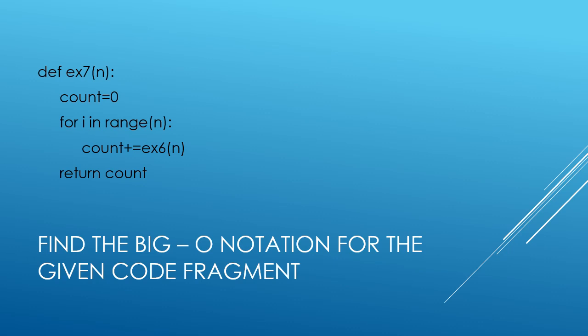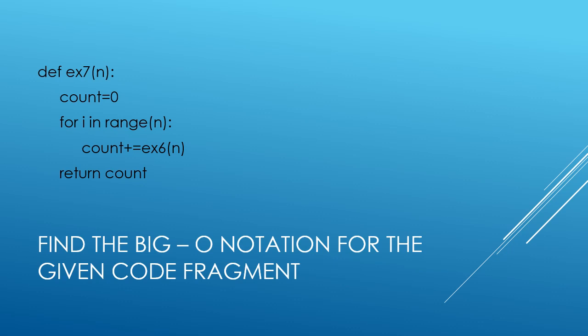In the body of the for, every time that you enter, you call the x6 function which we saw in the previous slide. How much time does the x6 function take? We just saw that the x6 function is O(log n).